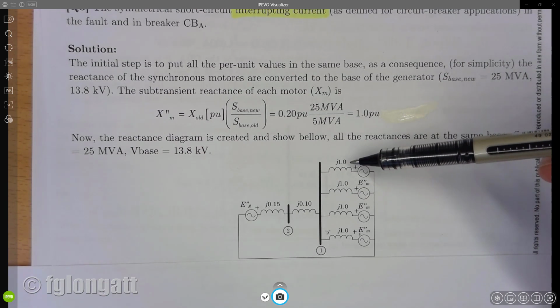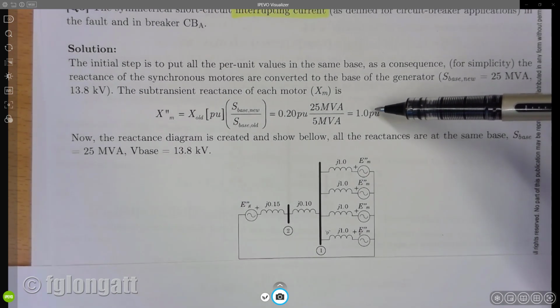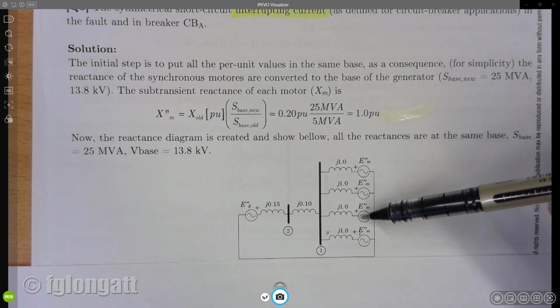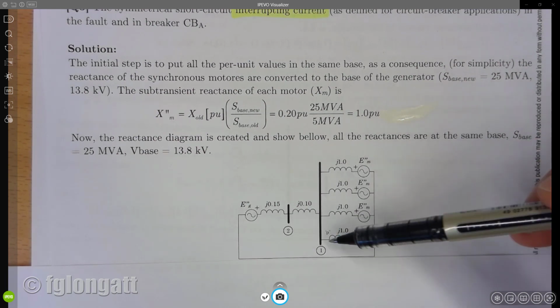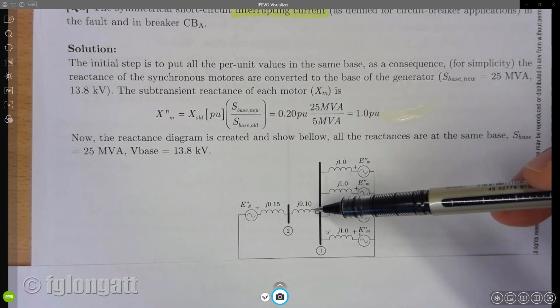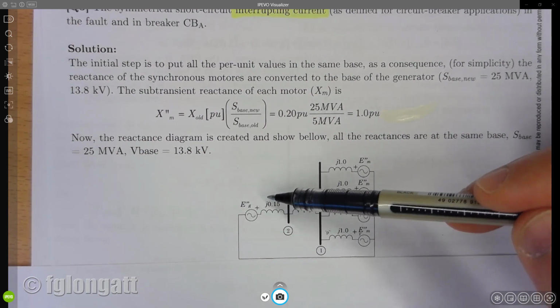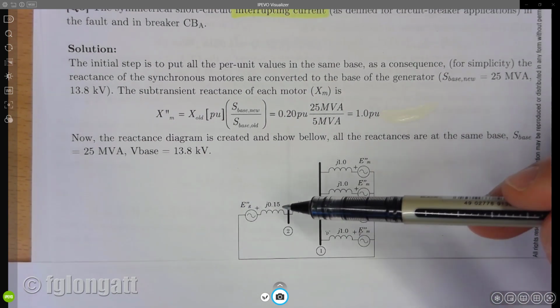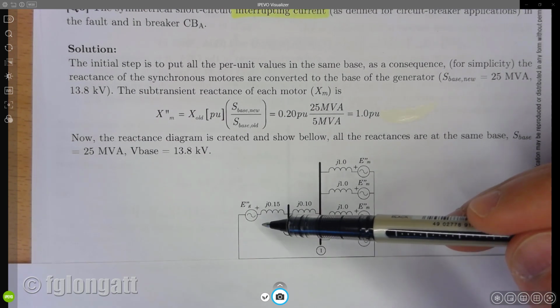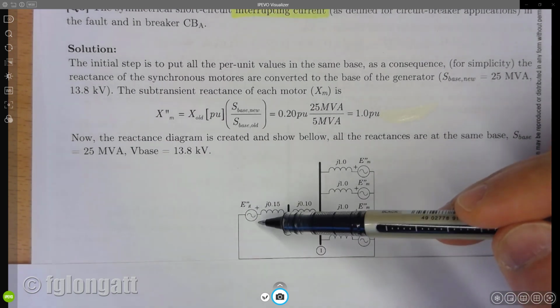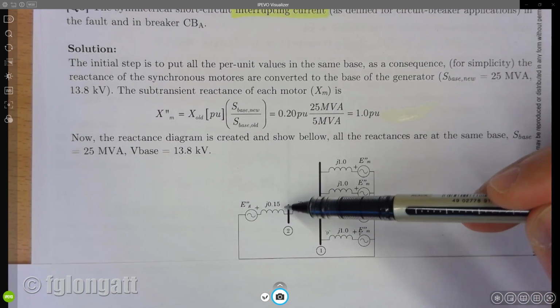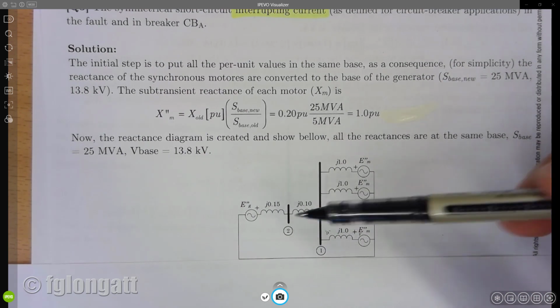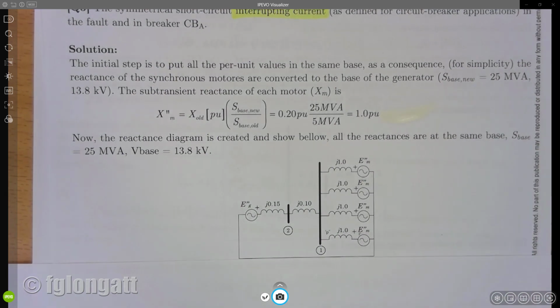This is the reactance of the motors that we calculate here, one per unit, one motor, two, three, four motors. Then we have here the reactance coming from the step down transformer. And here we have the subtransient model of the synchronous generator. You have here the internal voltage, and you can identify this is the subtransient reactance, okay?